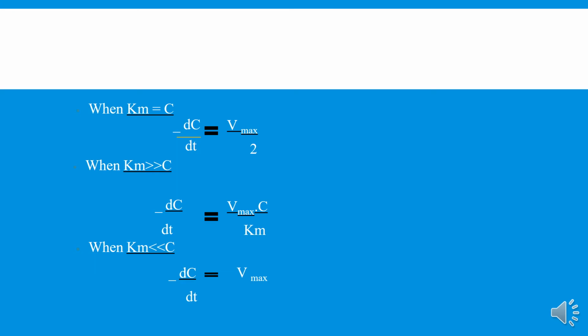The third condition is when Km is very much less than the concentration. Here instead of Km plus C, we put it as C, so Km plus C is equal to C. This equation follows zero order, and in this condition the equation becomes minus dC/dt is equal to Vmax.